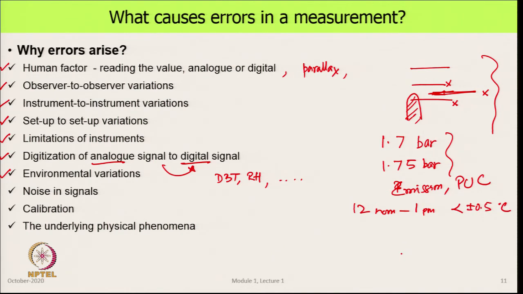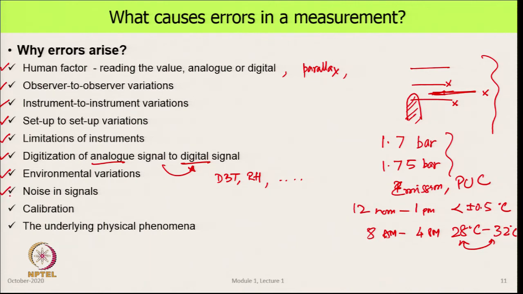But if you want to do an experiment over a longer time, and you start at 8 a.m. and continue the experiment till 4 p.m., assuming that the air temperature is constant, then you could be making a big error, because at 8 a.m. the temperature may be say 28 degrees Celsius, and at 4 p.m. it might be say 32 degrees Celsius or 40 degrees Celsius. In between, it has gone through a much bigger variation. So, the error is coming in.